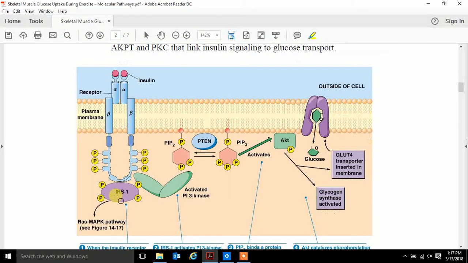If you want, and I would probably recommend this, step 1, insulin binds to our alpha subunits of our insulin receptor. The receptor autophosphorylates. That's step 2. Step 3, our IRS1 docking protein becomes phosphorylated, and that activates the PI3 kinase.